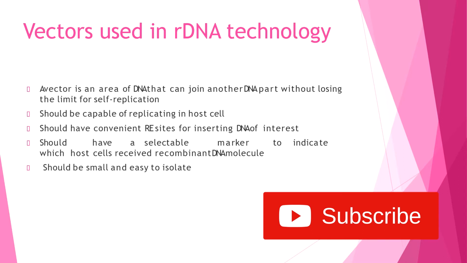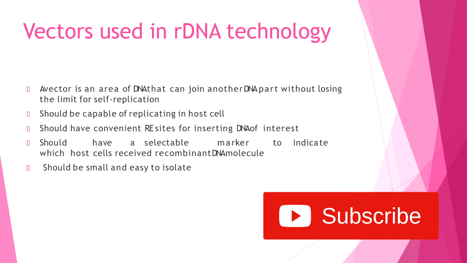And then they have a convenient restriction endonuclease site, then only it will make the suitable cuts for inserting the DNA of interest. If they don't have a restriction endonuclease site, we can never make a cut in the plasmid. And they should have a selectable marker to indicate which host cells have received the recombinant DNA molecule.